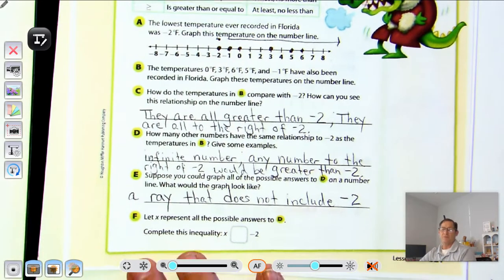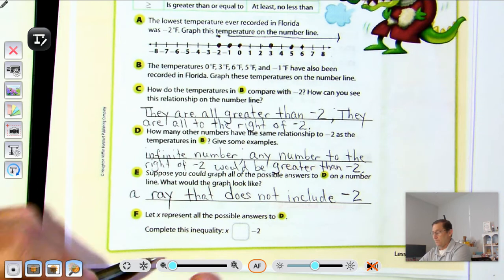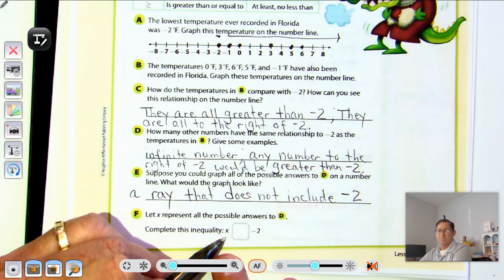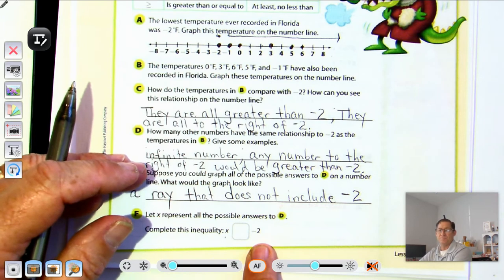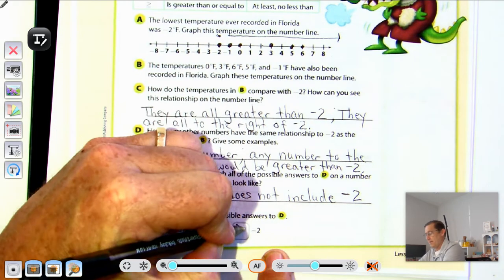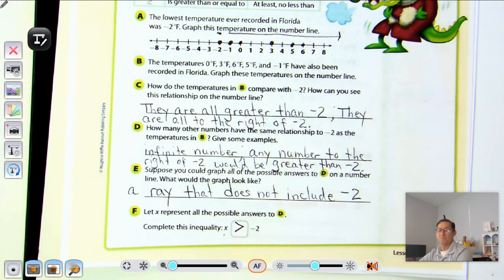Okay, so how can we represent the solutions or all the possible answers to D? Well, x, some number, has to be what to -2? Greater than. Okay, we're not including negative 2, so there can't be an equal. So it's all numbers greater than negative 2.